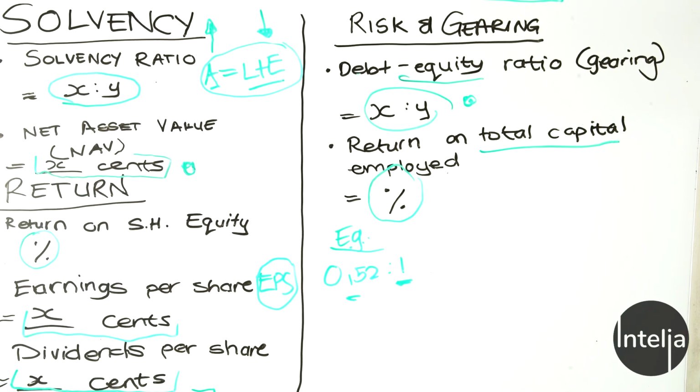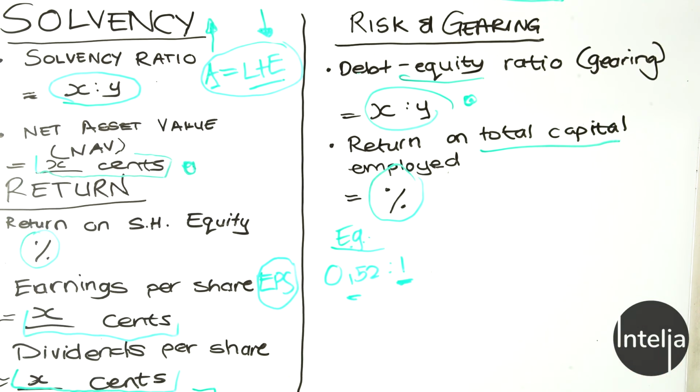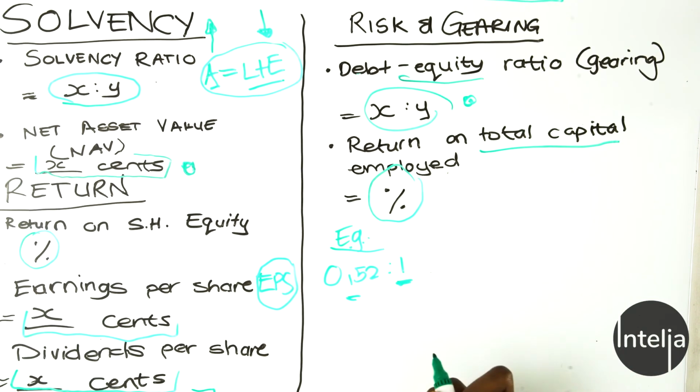It is used to compare the figure to last year and see whether it has improved or deteriorated, right? And if it is above or below the interest rate on loans: if it is above, it indicates positive gearing, therefore it is favorable to use loans. And if it is below, it indicates negative gearing, therefore it is unfavorable to use loans, and the business should consider paying off loans quickly, right?